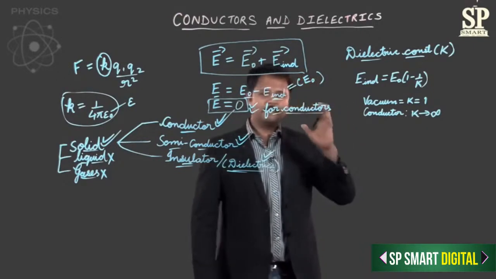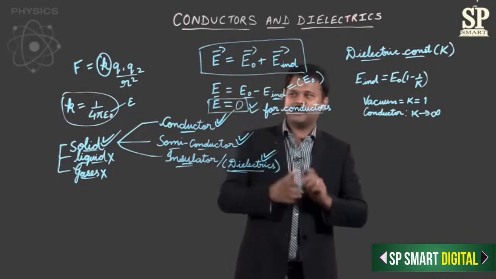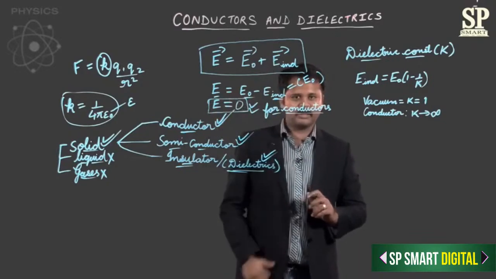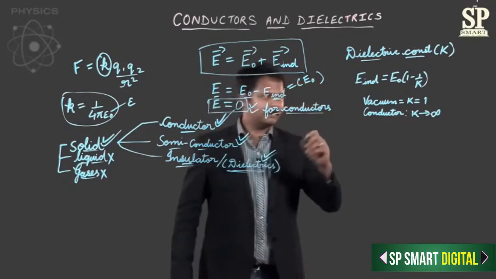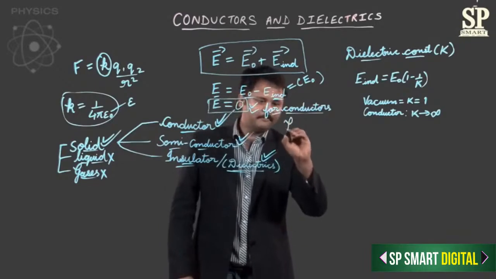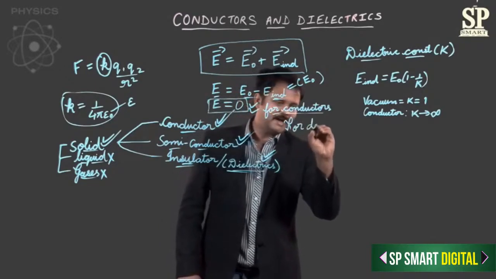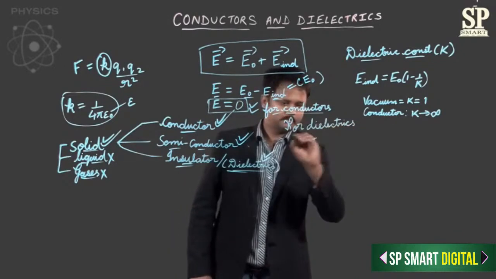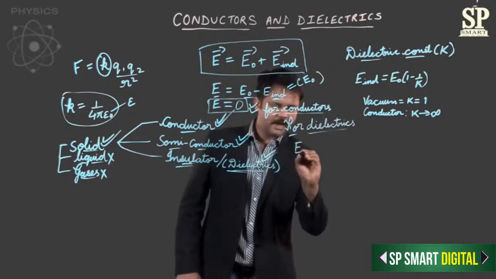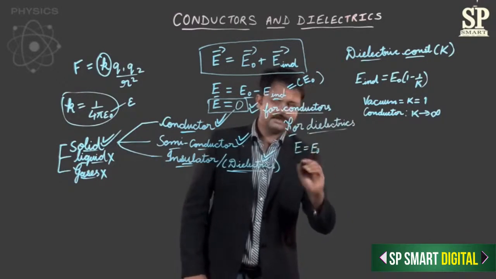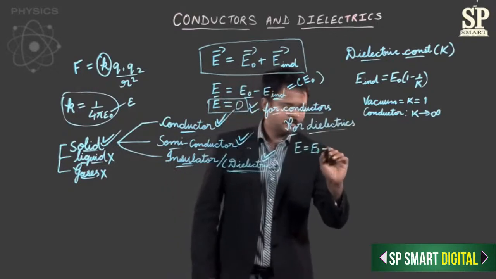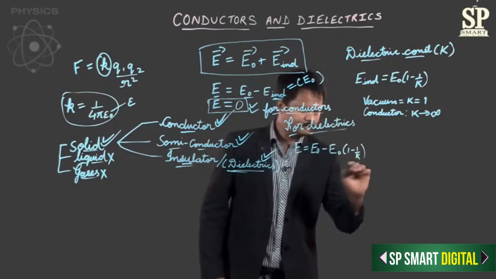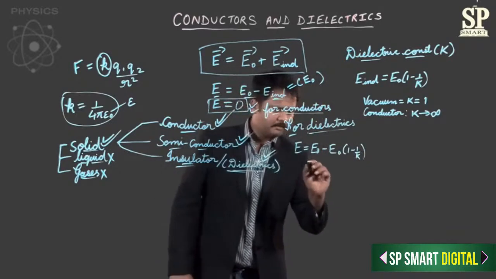Then our formula for the net electric field, E is equal to E naught minus E induced. Let's try to find out what E comes as the result of this formula. I'll write for dielectrics, I have E given as E naught minus E induced, and E induced is E naught times 1 minus 1 upon K. This gives me the formula.